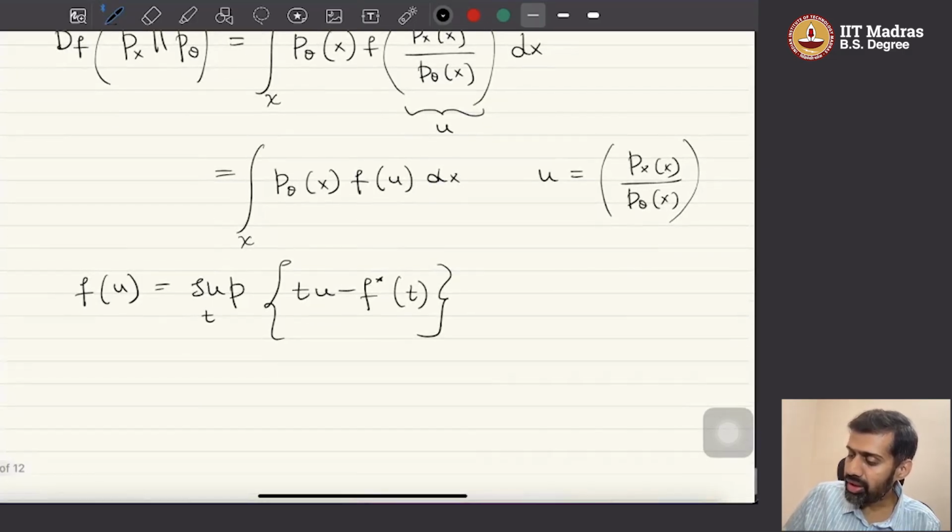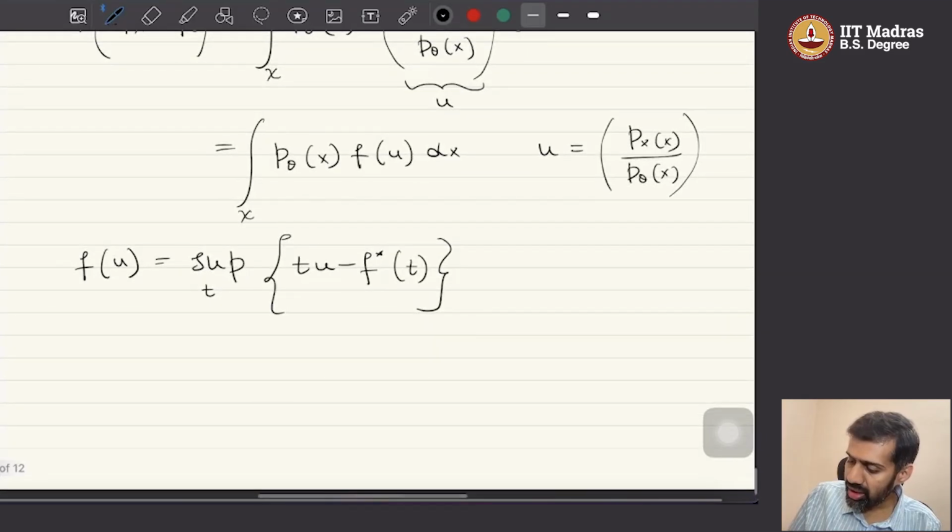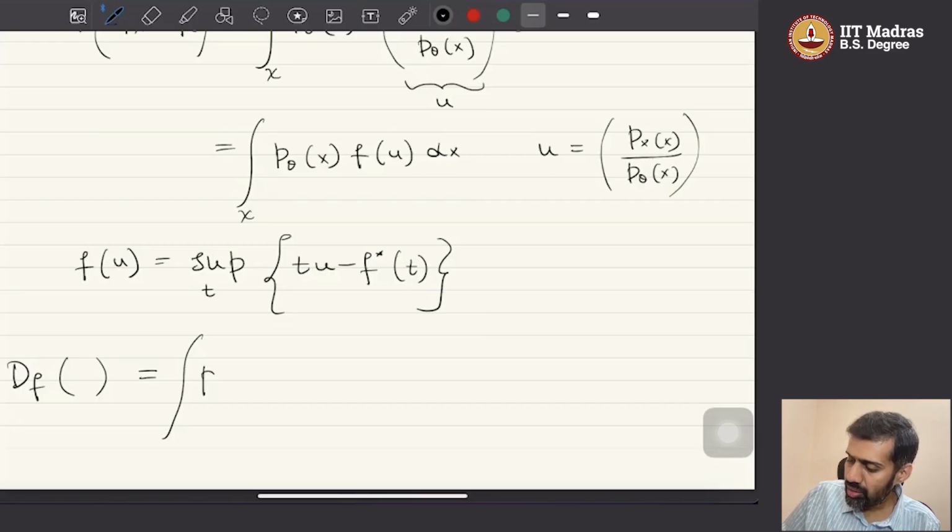This is something that we just saw, which means that I can write my f divergence as the integral of p theta x times the supremum over t in the domain of f star of t times u minus f star of t.